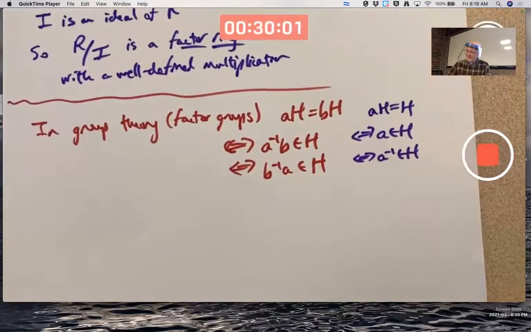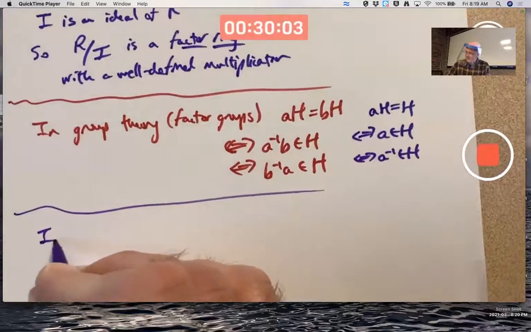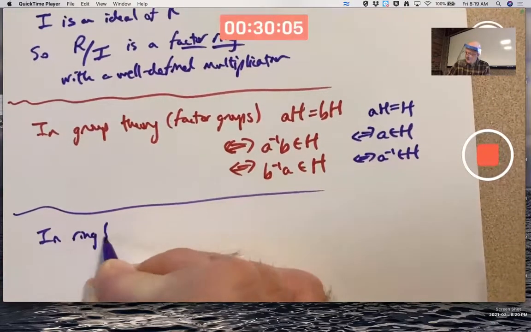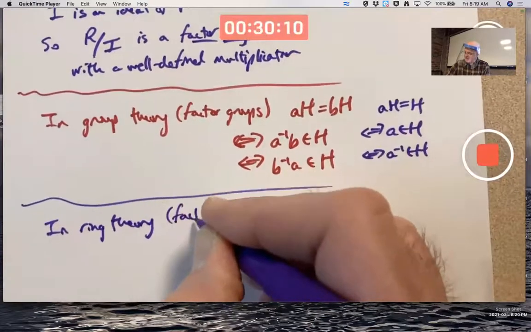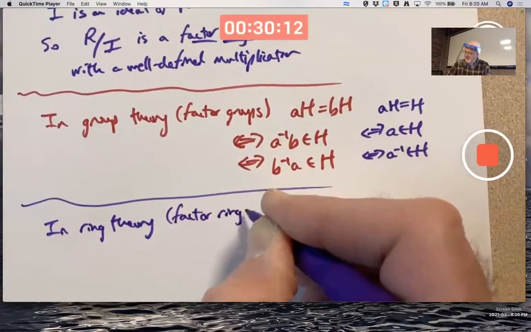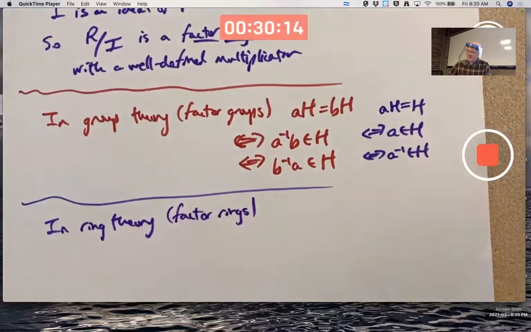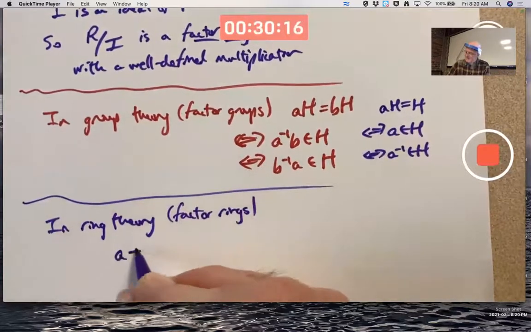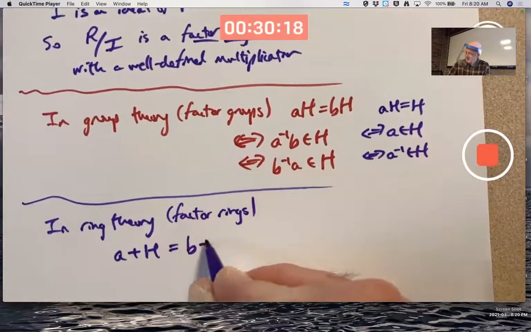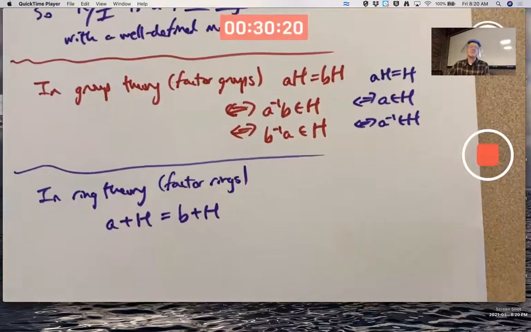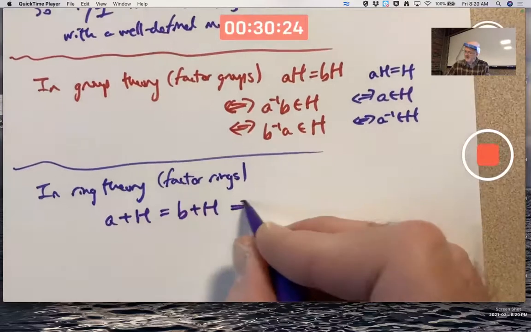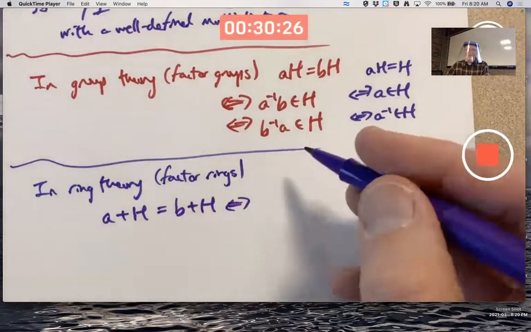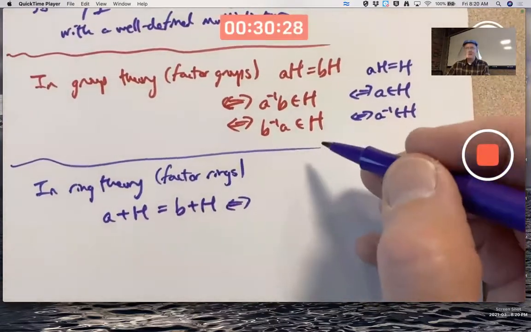In ring theory, where we're thinking about factor rings, we use additive notation. A plus H equals B plus H if and only if, what's the corresponding fact with additive notation?